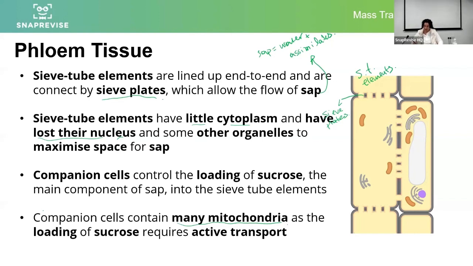They also have a nucleus and endoplasmic reticulum and ribosomes for protein synthesis, essentially. So these here are my companion cells on the right. And there are also some perforations. They have a direct communication, the companion cells, to the sieve tube elements.